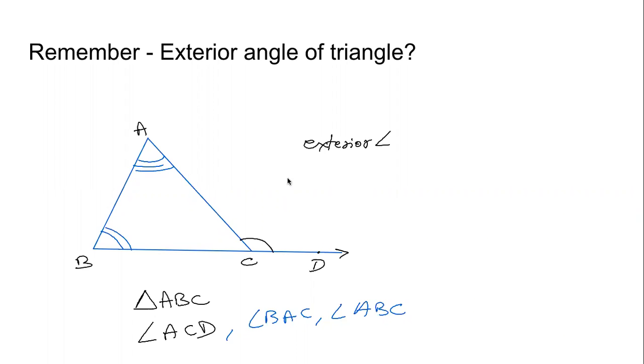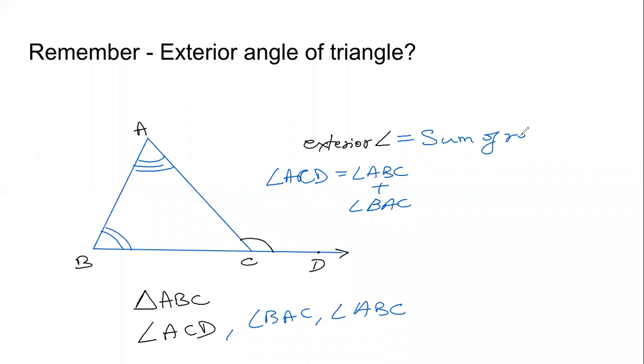So some of you do remember that angle ACD equals angle ABC plus angle BAC. In words, we have seen that the exterior angle is equal to the sum of remote interior angles.